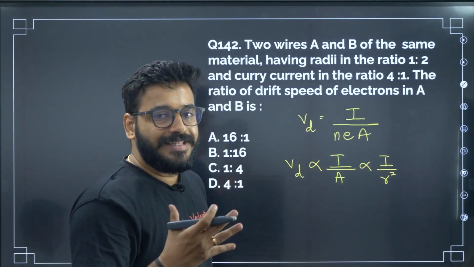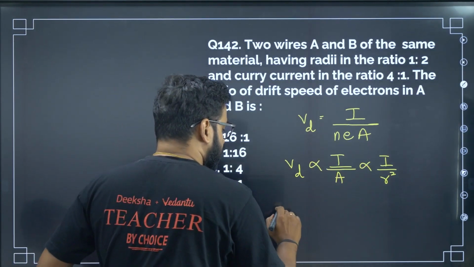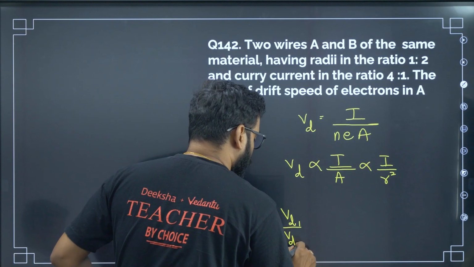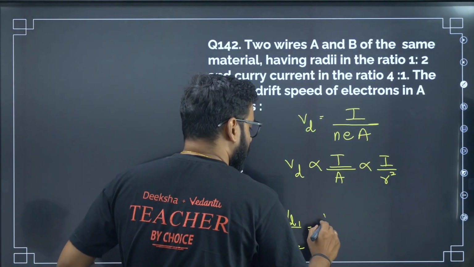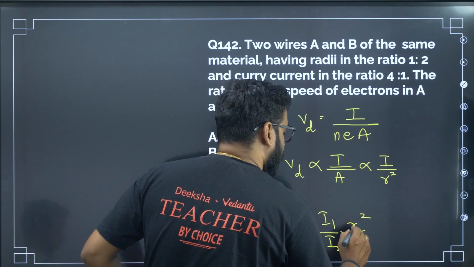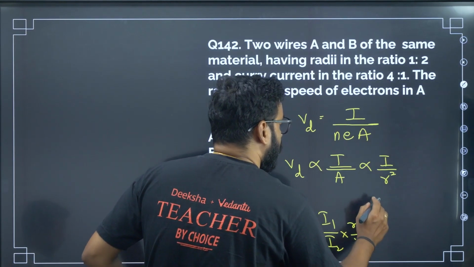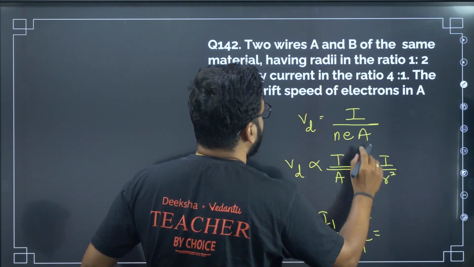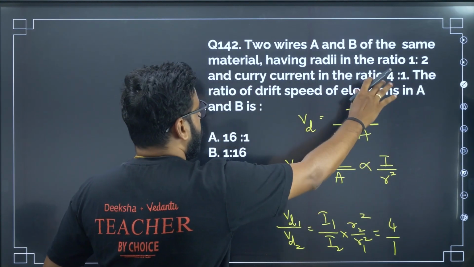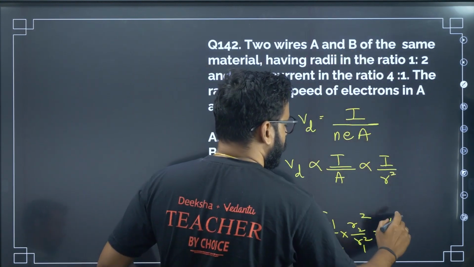Now we need the ratio. So just use this proportionality to create the ratio. VD1 divided by VD2 is equal to I1 by I2 into R2 square by R1 square. Sorry, the current ratio is 4:1 and the radii ratio is 1:2.